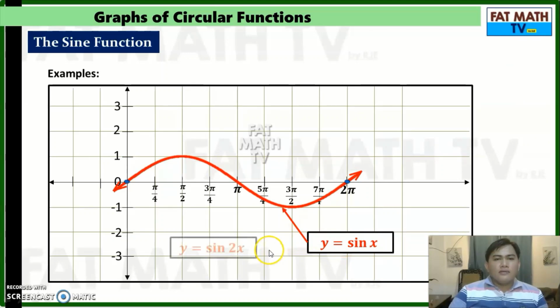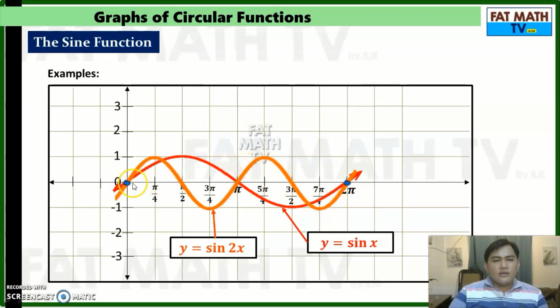Okay, more examples. How about if we have 2 here with the x, with the angle, so sine 2x. If you give values for x and solve for y, and then plot the points and connect them, you will create a graph that looks like this.